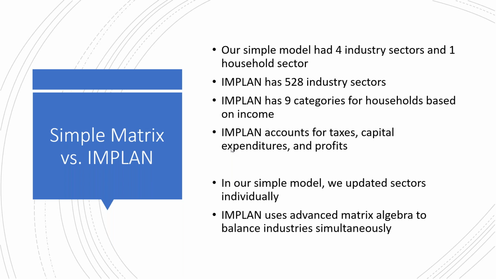A cheaper option is to use regional input-output multipliers from the U.S. Bureau of Economic Analysis. They're generally called RIMS multipliers, for regional input-output modeling system. Those are relatively cheap to buy.